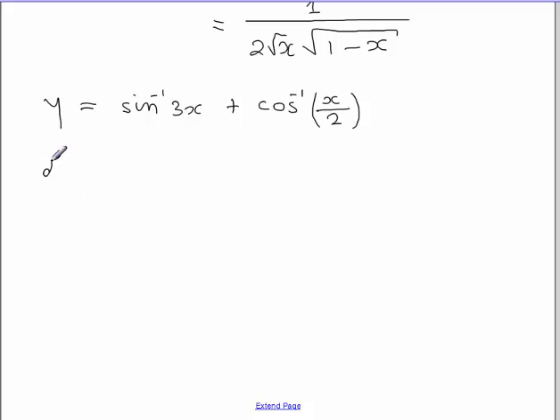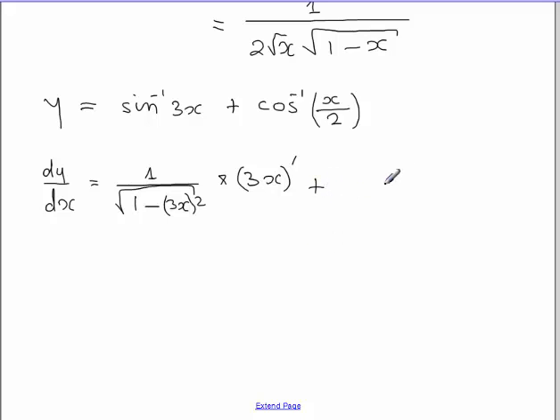So what will happen now, because I remember these things, I'll just do it very quickly. dy/dx, I've got to differentiate there and differentiate there, altogether. So I'm going to write it slowly. I know it as 1 over the square root of 1 minus the argument squared, multiplied by the derivative of 3x, altogether. Okay?